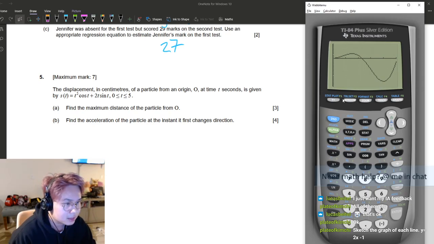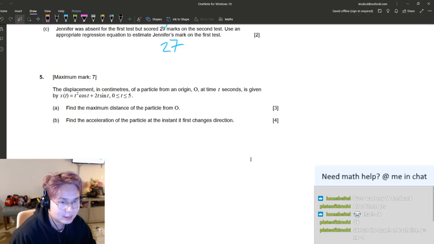Okay, so what we can do is quickly calculate the minimum value. And for TI-84, you need to select your boundaries: a left bound, a right bound, and then a guess. So this y value, negative 16.5, is how many centimeters it is to the left. So the maximum distance is 16.5 centimeters.